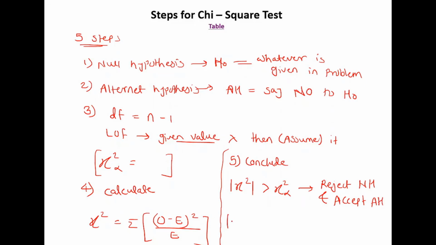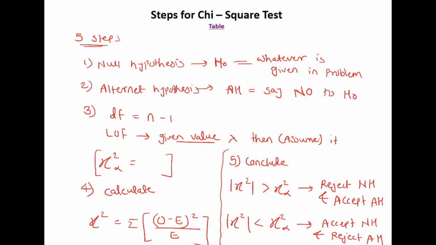And if the mod of chi-square is smaller than chi-square alpha, then we accept null hypothesis and reject alternate hypothesis.